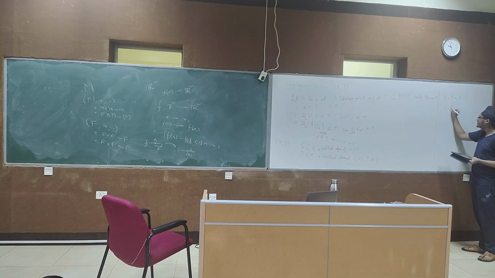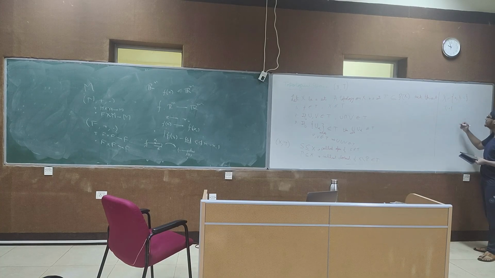So I will write some sets which are subsets of the power set of X. You just have to tell me which are topologies. Is this a topology on X? Anyone saying no? You aren't able to see this. Okay, I will write it somewhere.